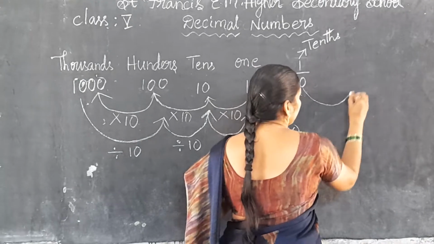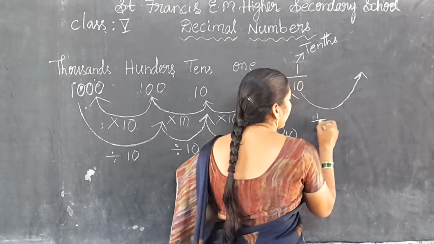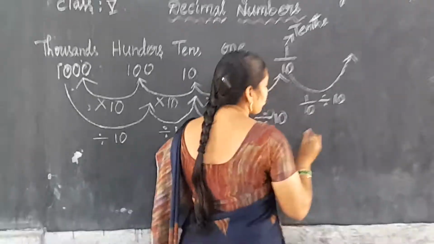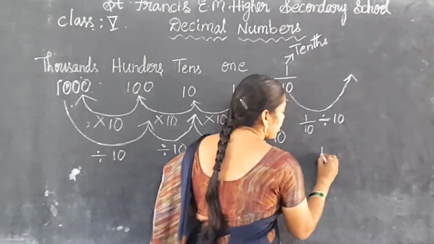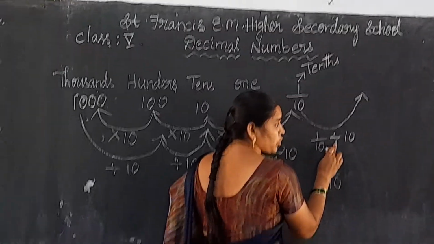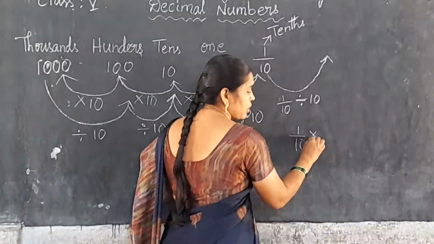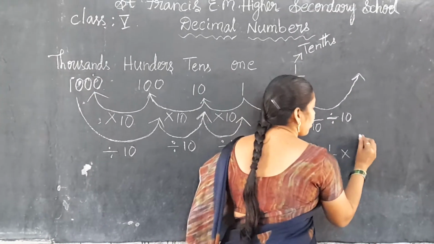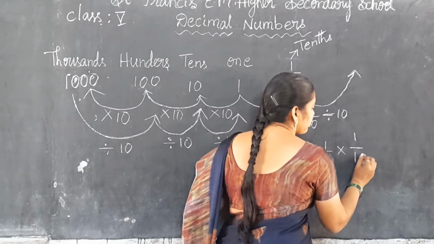Clear, children? Again, you are moving to the next place. This 1 by 10, you should divide it by 10. We will solve it. In place of divided by 10, what do we have to write? Multiplication, already learned in fractions. And this 10 will go to 1 by 10.